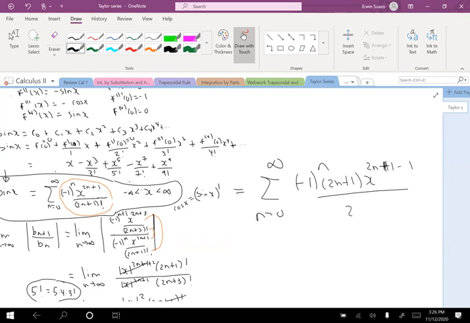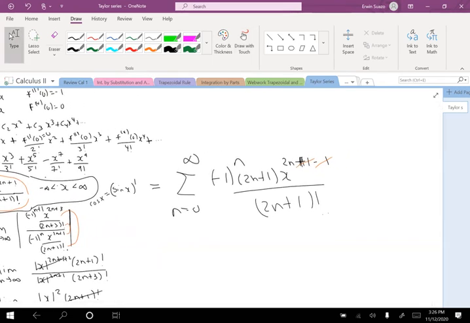Divided by (2n plus 1) factorial. So these two cancel. The (2n plus 1) factorial with the (2n plus 1) factorial give me the following: sum from n equals 0 to infinity of minus 1 to the n, and this cancels with this, and I get x to the 2n divided by (2n) factorial.